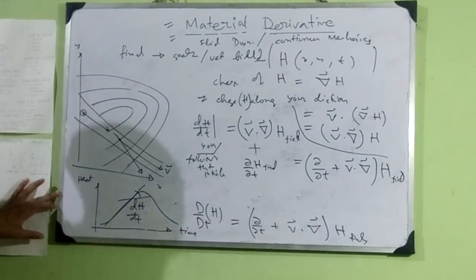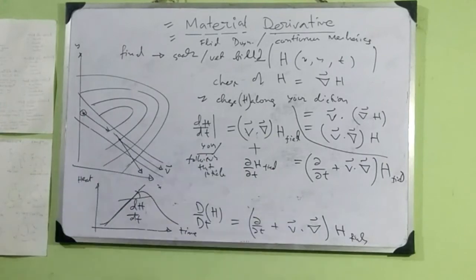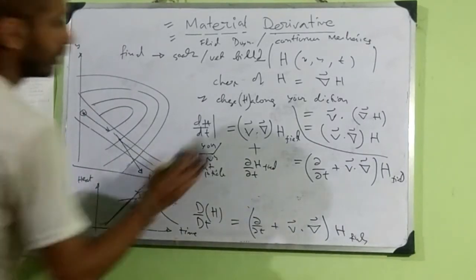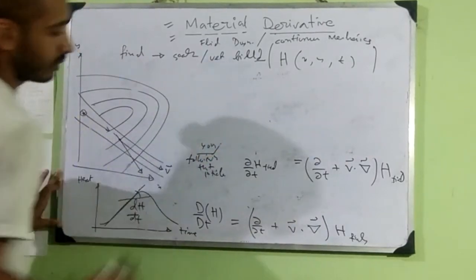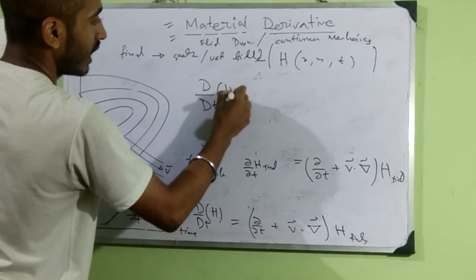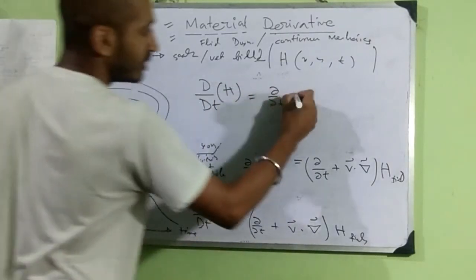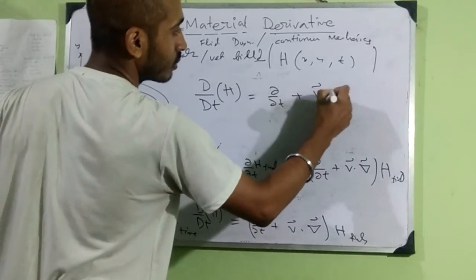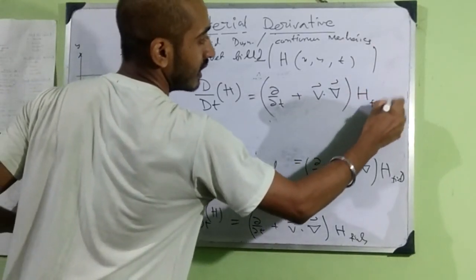Okay, so the material derivative of some field can be defined as D/Dt of h equal to del/del t, the time dependent change, plus the velocity vector dotted with grad acting upon the field.